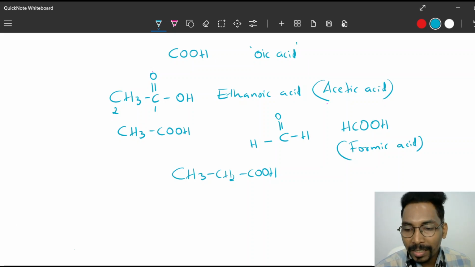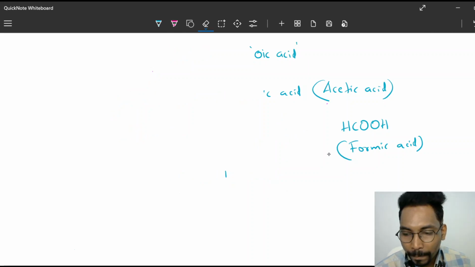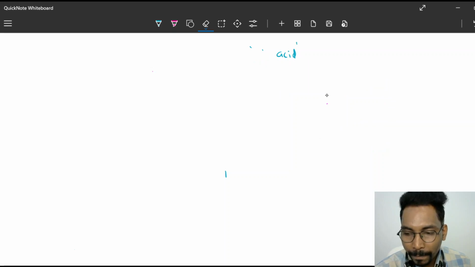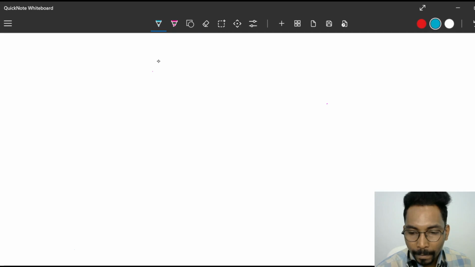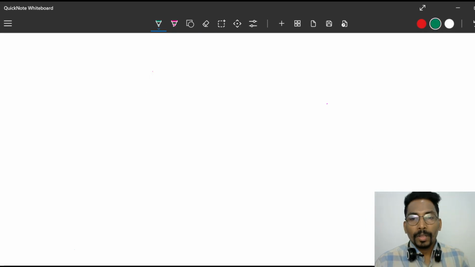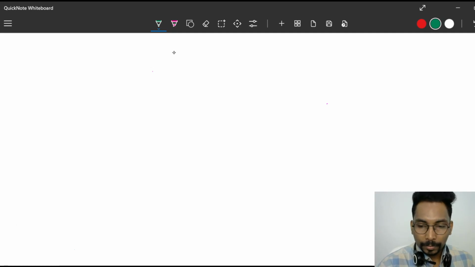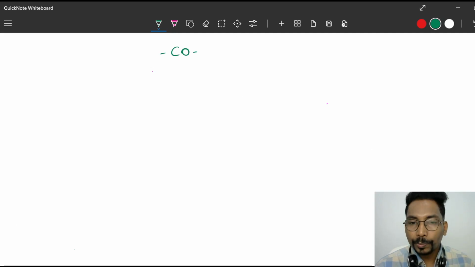One more is there, that is ketone. Ketone is CO. I told you the ketone group is present always in the middle of two carbon atoms.